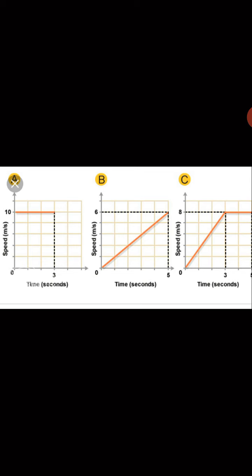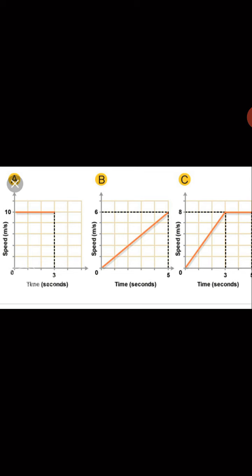So graph B indicates that the body is accelerating. While in graph C, the red line first is a straight line moving upwards, but then it becomes flat. So it indicates that the object is accelerating and then it is moving at a constant speed.